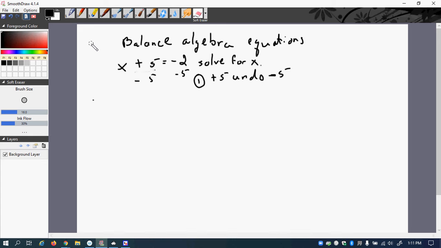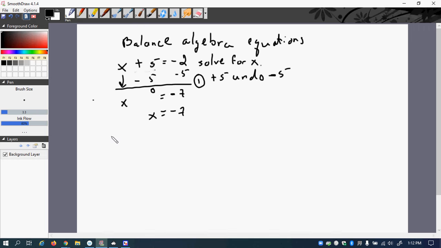Okay, so now we look at paper. You see we bring down x, and plus 5 and negative 5 is 0, equal to, we add negative 2, negative 5, so it's negative 7. Okay? So respuesta is x equal to negative 7.